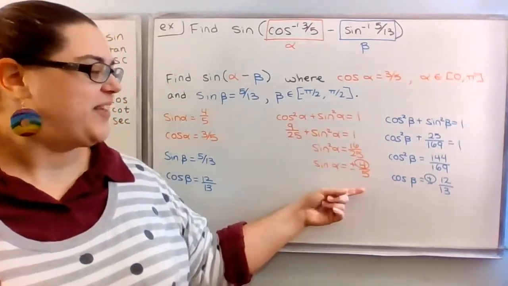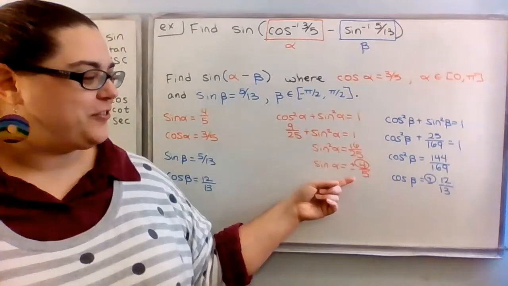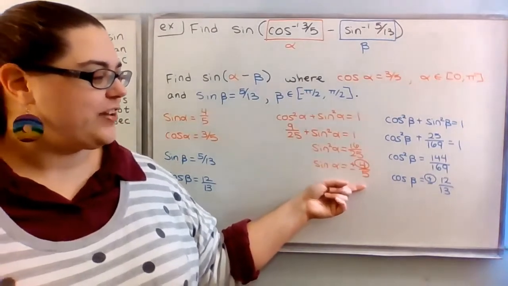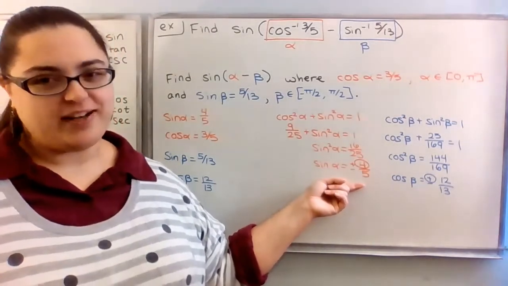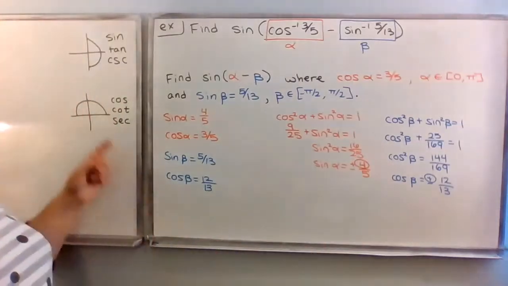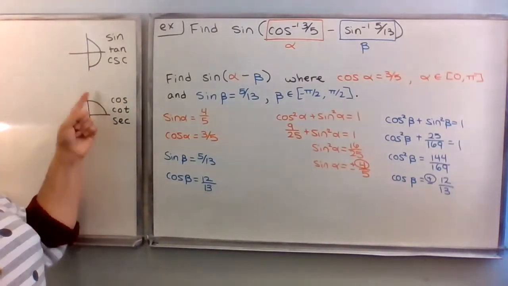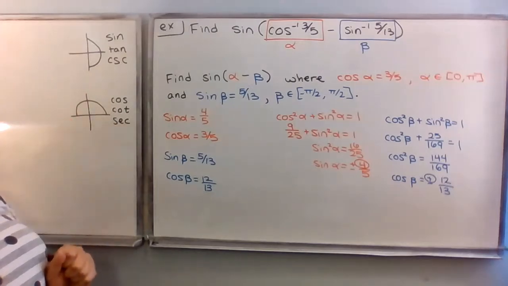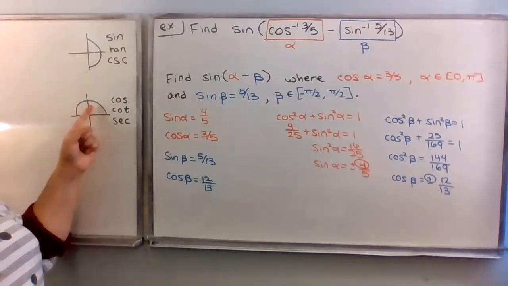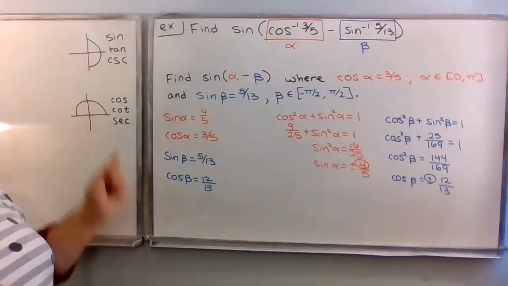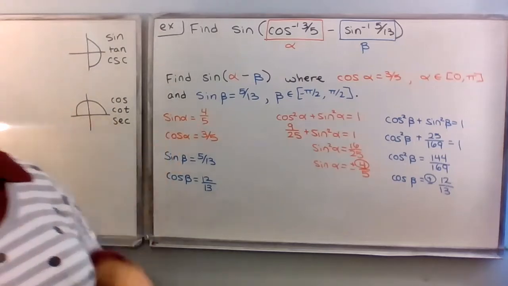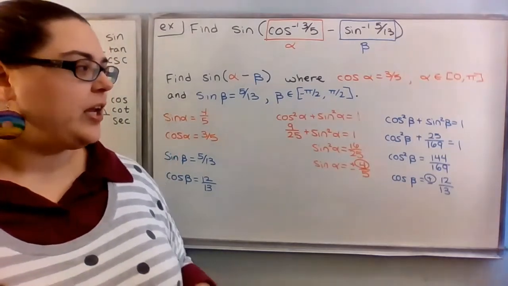We'll just go with it. So for plus or minus 4/5, to determine whether I need the positive or the negative, I go back here. Since cosine lives in the north, that means I'm going to end up with a positive sign, because sine is positive in both these hemispheres or quadrants. So we ended up with a positive 4/5.